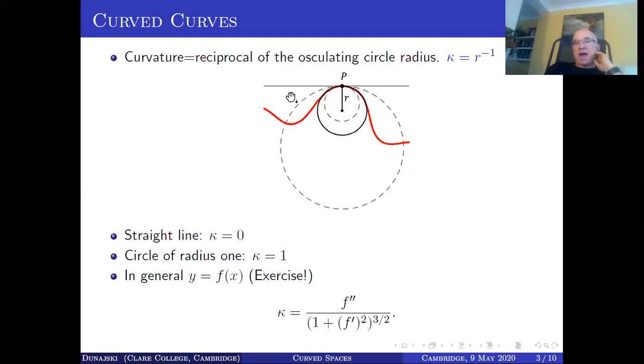Now, if you do that and do some algebra, and I think this is within your reach, this is something you can try, you'll find that the curvature of such a curve is given by the ratio of the second derivative of f and an expression involving the square of the first derivative. So that much for curves on the plane.